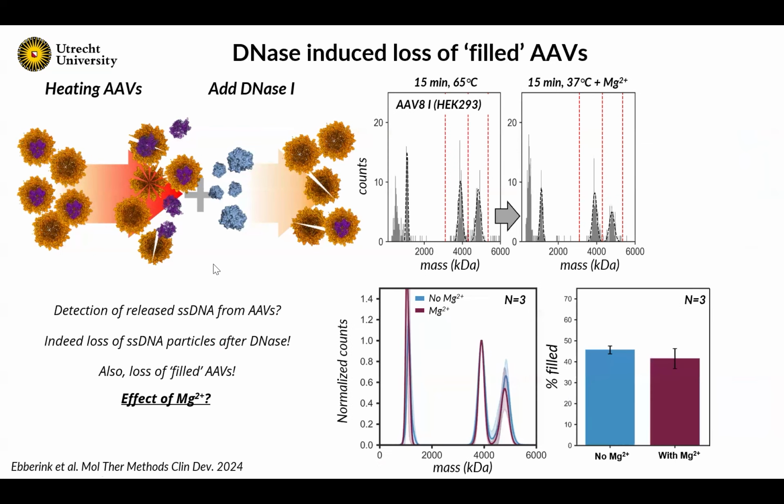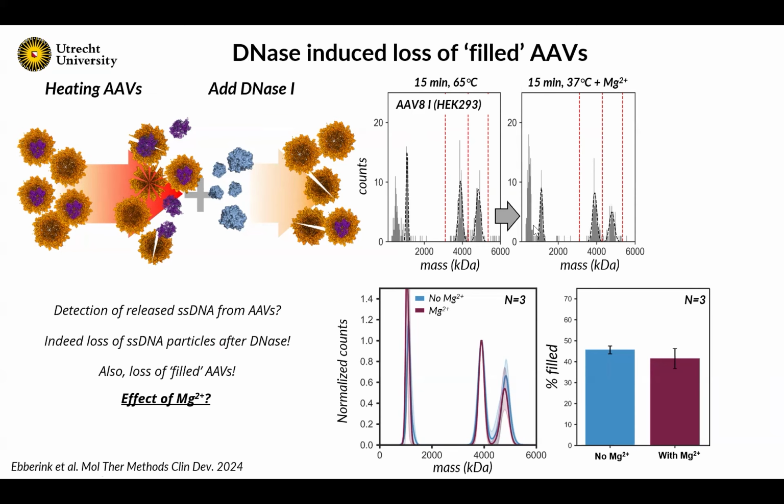So this was interesting, and we wanted to make sure that what we saw was because of the DNase and not something else, because we also have to add a bit of magnesium to the DNase in order for it to be functional. And we know that divalent cations can also interact with the capsids and change their stability. So we first did a control experiment where we again heated up our sample. So we have here 50% empty, 50% filled, and this peak of a single-stranded DNA, and then added only a bit of magnesium and incubated that at 37 degrees and measured again.